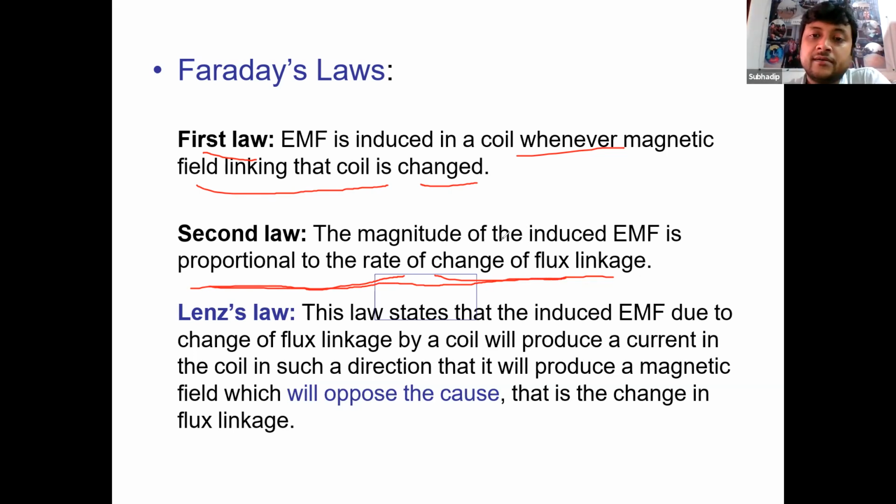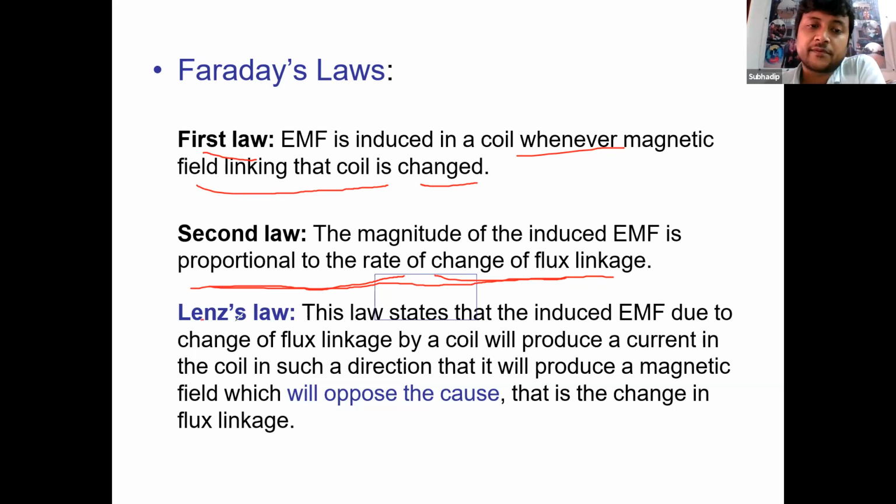So the magnitude of induced EMF is E equals N d phi by dt. And if we consider this from the magnetic circuit, there is mutual inductance and self inductance. E is given by L di by dt, so that particular L value will come into consideration.